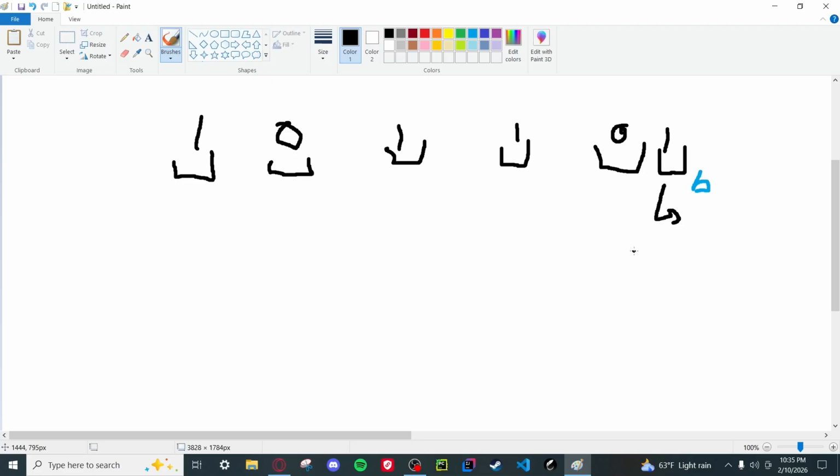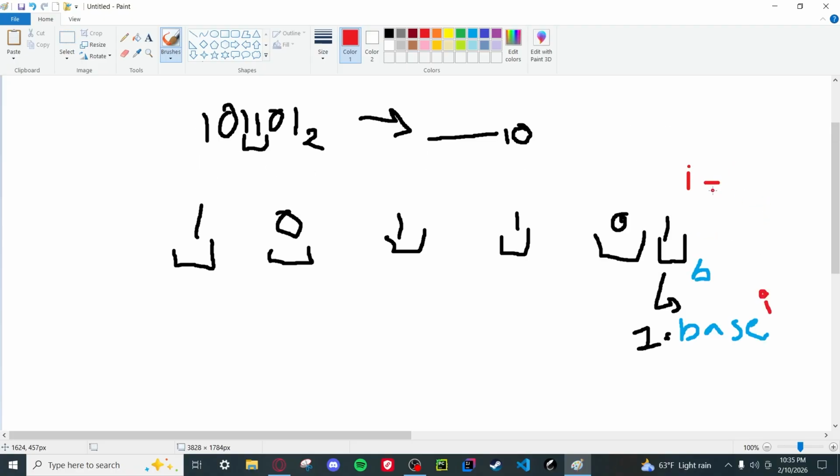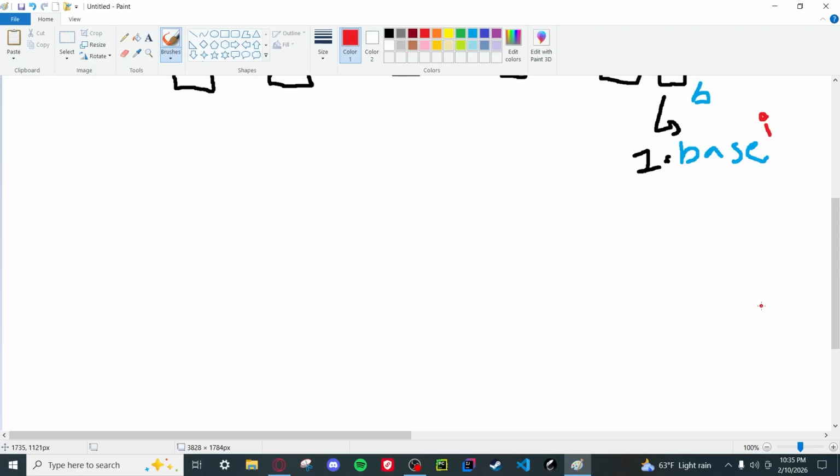We take that number, multiply it by the base, raised to the ith power, with i starting at 0. So this would be i of 0, this would be i of 1, i of 2, i of 3, i of 4, i of 5, increasing as you keep going. It's just counting, incrementation.